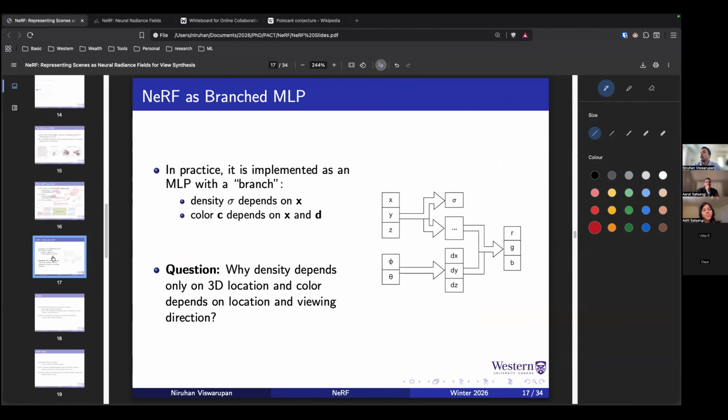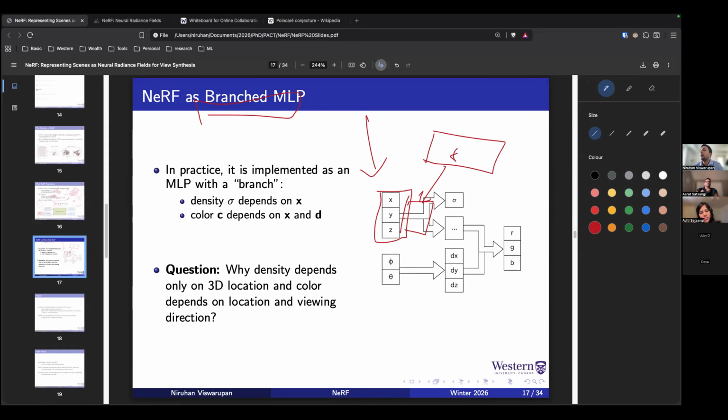Thank you. So the NeRF is implemented as a branched multi-layer perceptron. If you look at this diagram on the right, you have this XYZ 3D coordinate input. Then you pass it through an MLP. This is the main chunk of the MLP, with many layers, I think 8 layers of multi-layer perceptron.